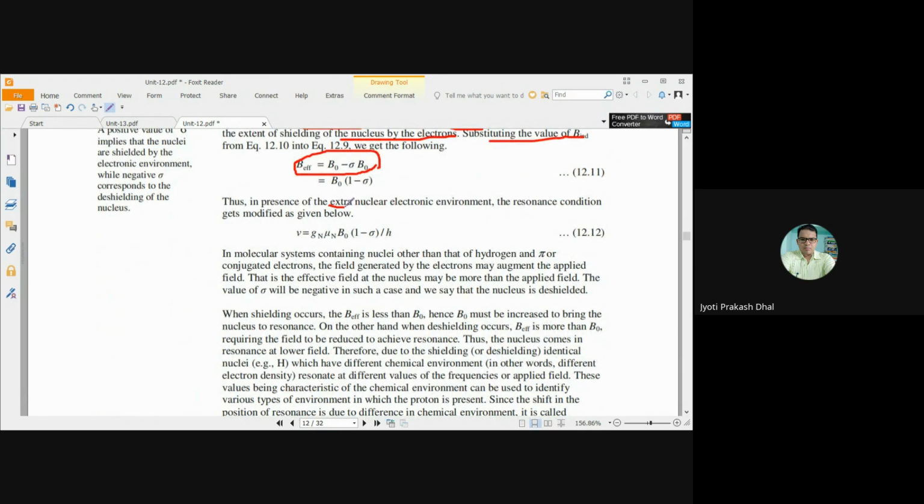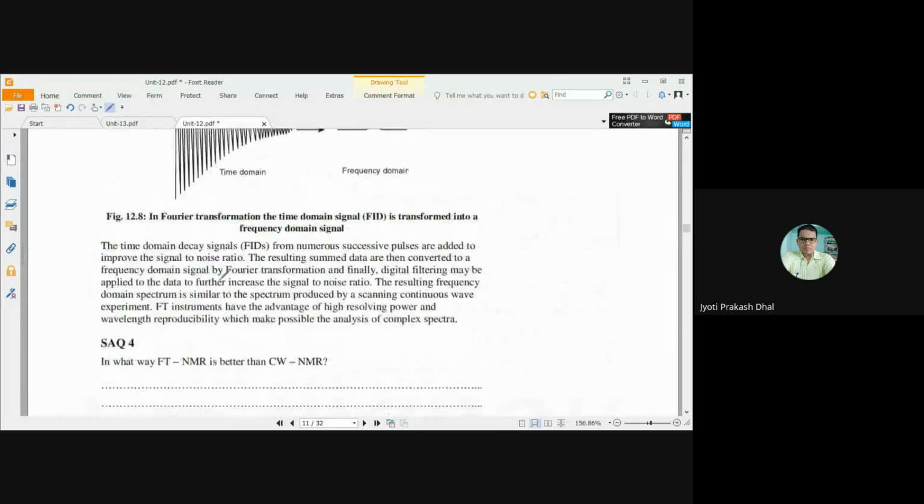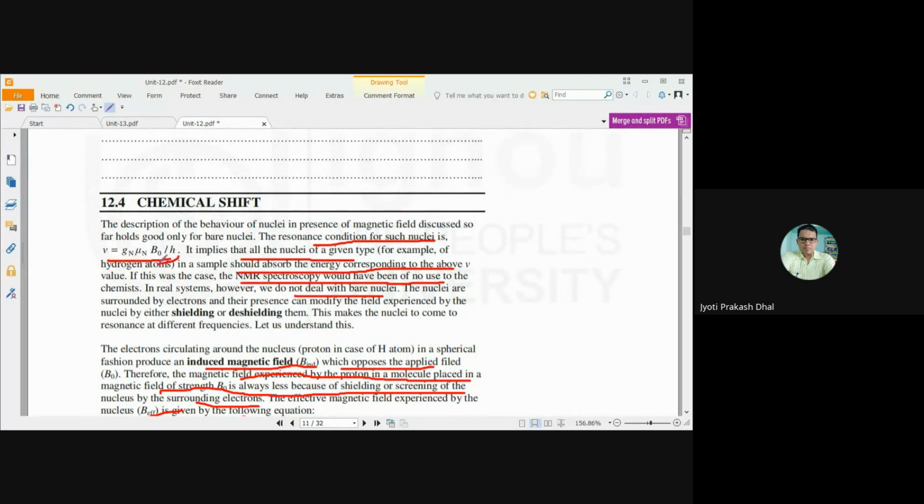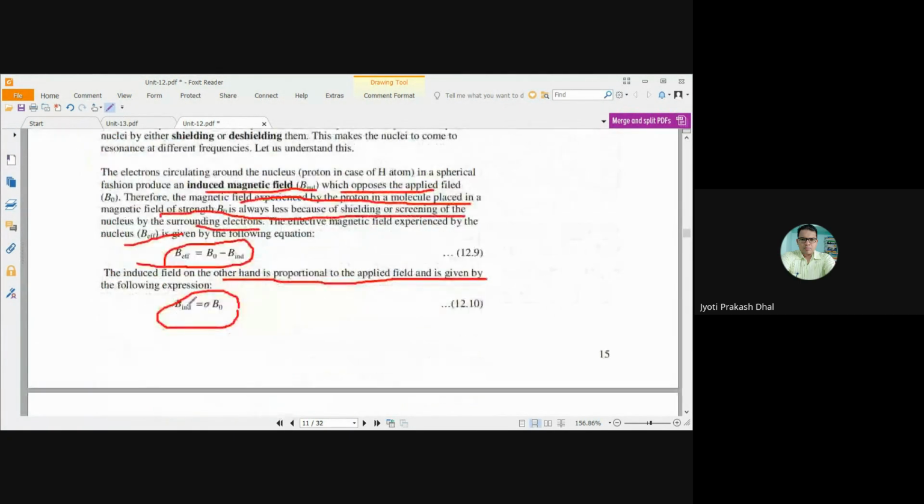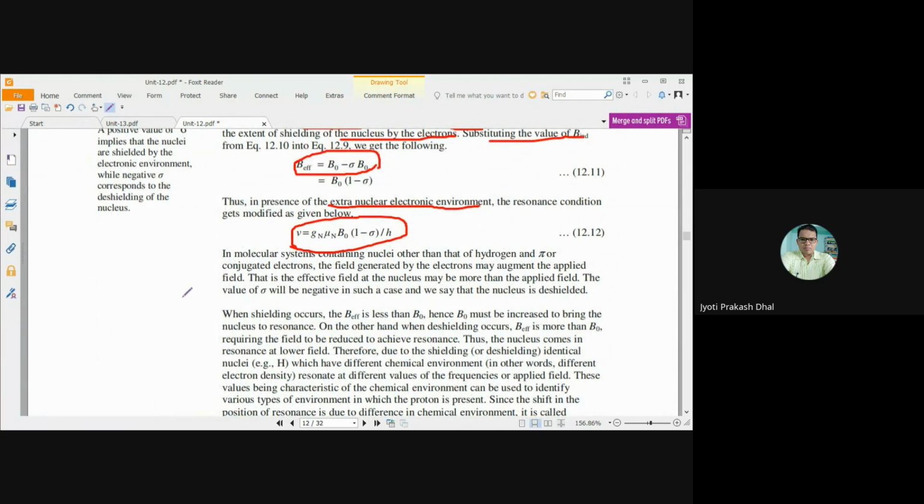Thus, in the presence of the extranuclear electronic environment, the resonance condition gets modified. For a bare nucleus, as we have discussed, the resonance condition is nu equals Gn mu n B0 by h, but due to the presence of electrons circulating around the nucleus, the actual resonance condition is nu equals Gn mu n B0 into (1 minus sigma) divided by h.